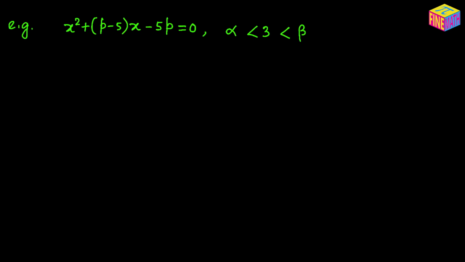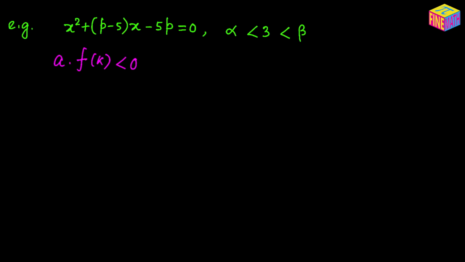That means positive 3 will be in between the two roots of this quadratic equation. We have to find the range of values of p for which 3 is between the two roots, and to solve this kind of problem, we are just going to use the only necessary condition, which is a times f of k has to be negative.